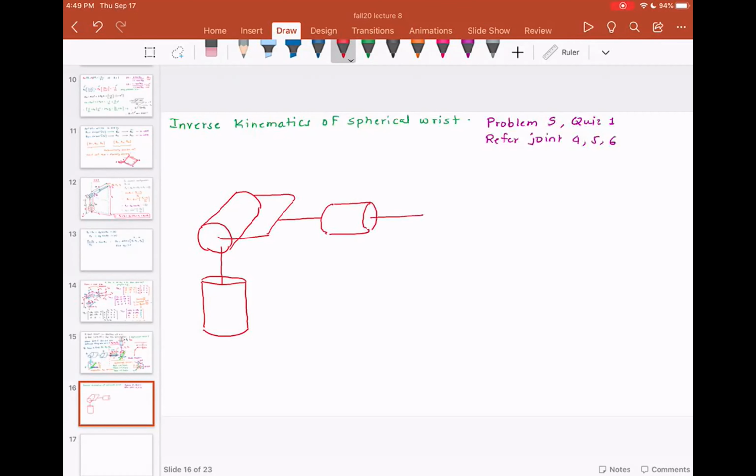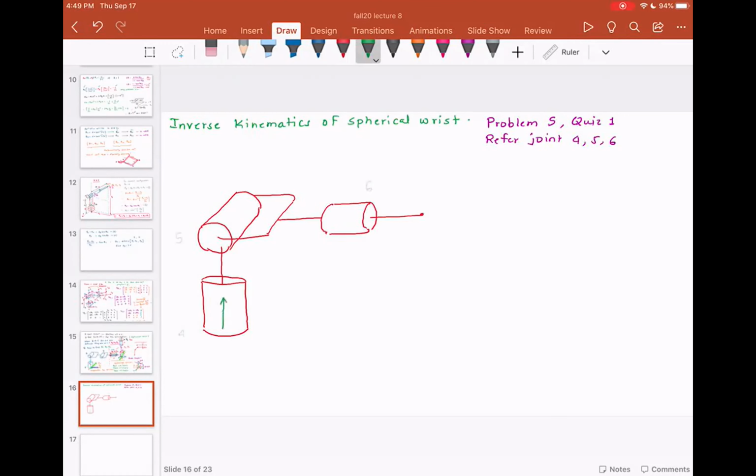And then you have this end effector. Now please notice the way I have drawn this joint. You can look at your figure from the quiz. They are joints 4, 5, and 6. This is joint number 4 in your quiz, this is joint number 5, and this is joint number 6. But what I'm going to do is start with a technique that we learned.